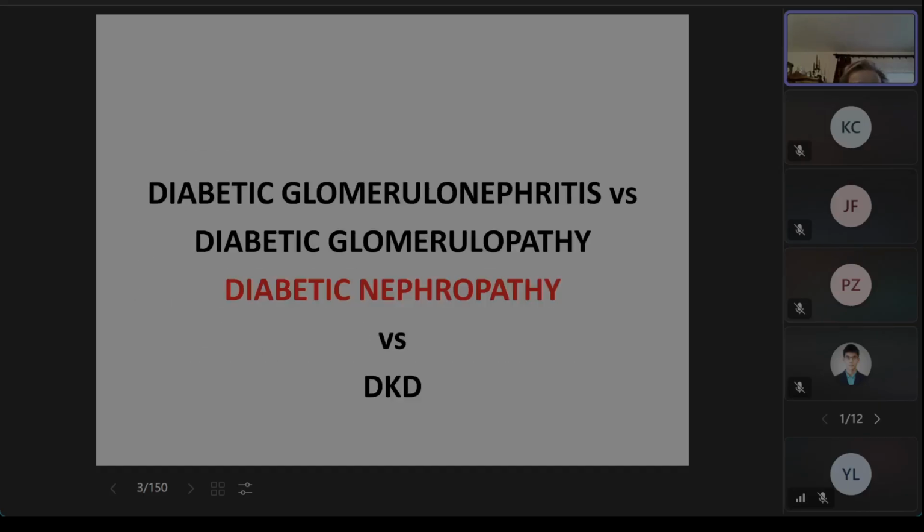The first is diabetic glomerulonephritis because it is the most common secondary glomerulopathy all around the world.